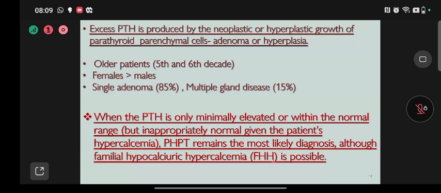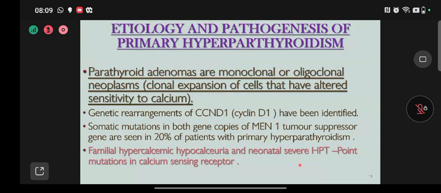Coming to the etiology and pathogenesis of PHPT, parathyroid adenomas are monoclonal or oligoclonal neoplasms, that is a clonal expansion of cells that have an altered sensitivity to calcium. Genetic rearrangements of the cyclin D1 gene have been identified. Somatic mutations in both gene copies of the MEN1 tumor suppressor gene are also seen in 20% of the patients with primary hyperparathyroidism, and FHH and neonatal severe hyperparathyroidism.